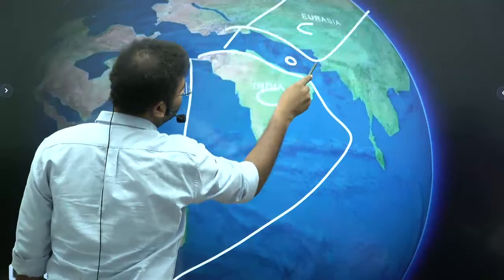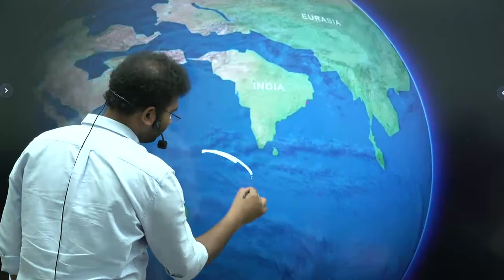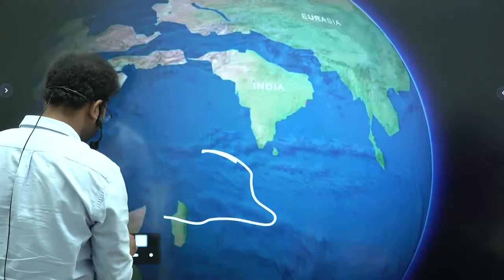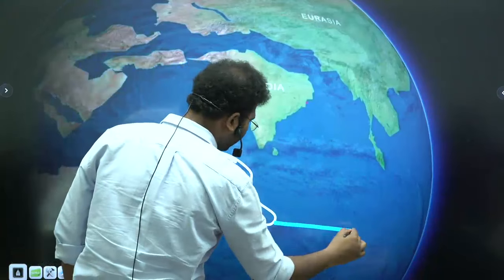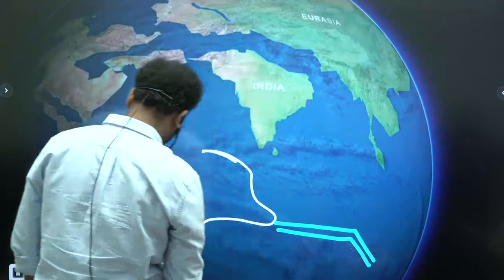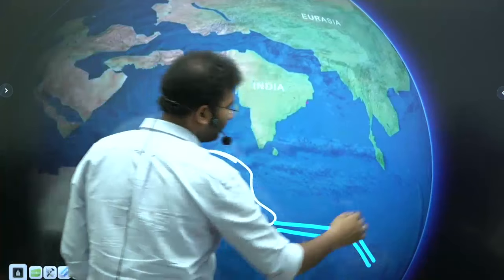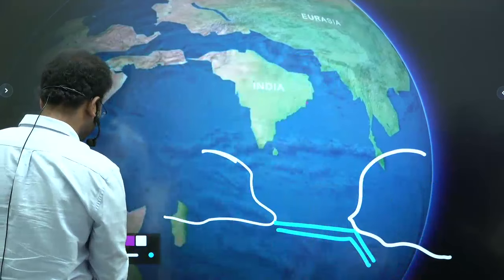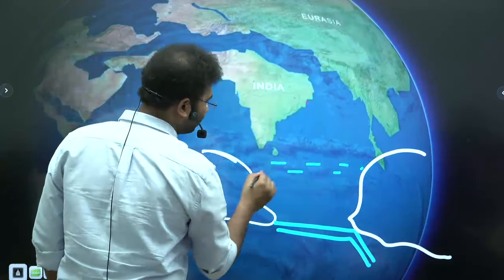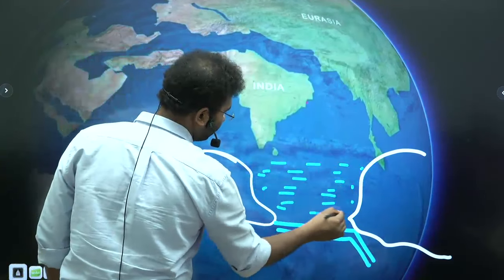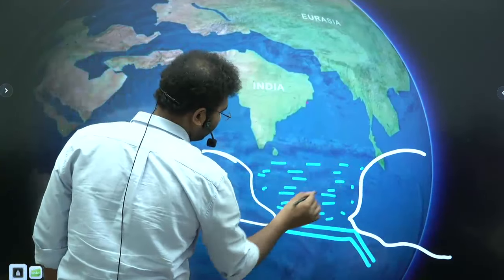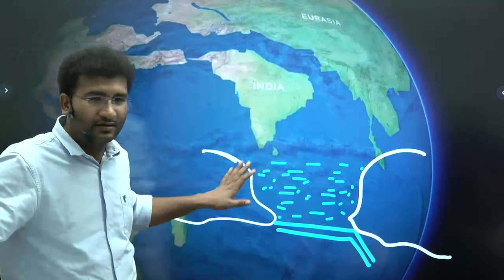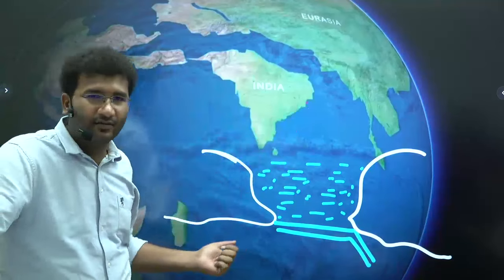Can I showcase it in this manner? This is a continental plate, and here you had an oceanic plate, and then you also have continental plate, and in between you had. Am I right? I hope everyone is able to understand this diagram, whatever I've drawn.